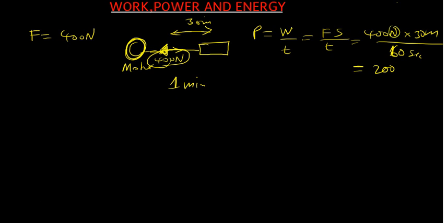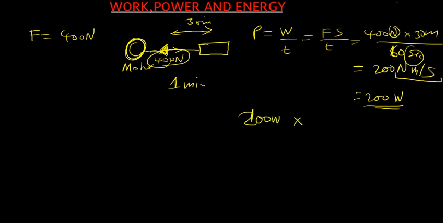We have a newton here, a meter there, and per second, because the second is down, that's why we've put per. We already said that newton meter per second is the same as a watt, so this is 200 watts.